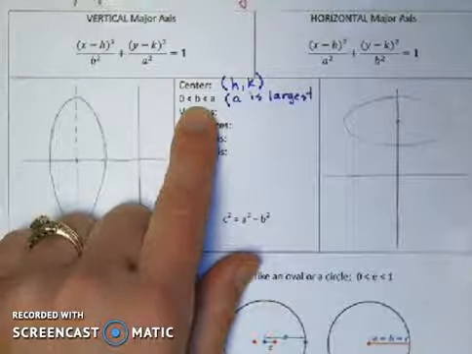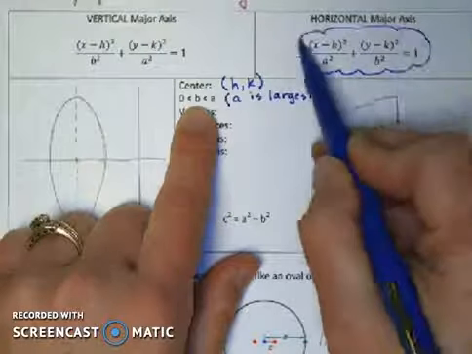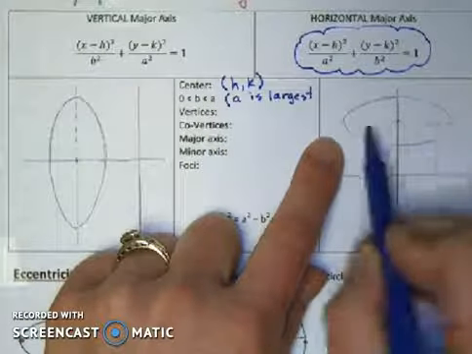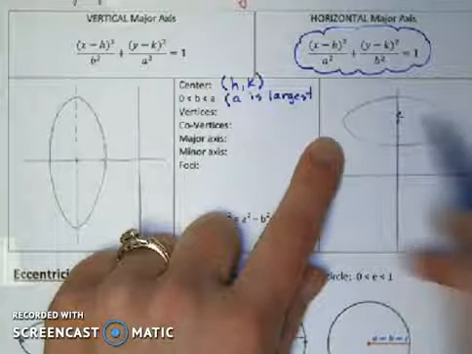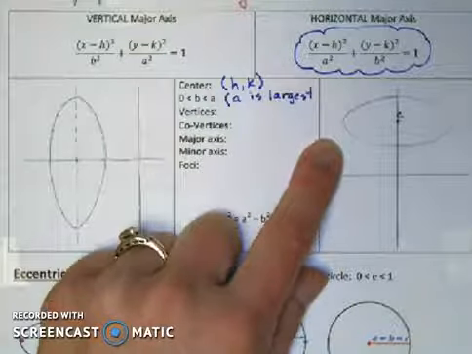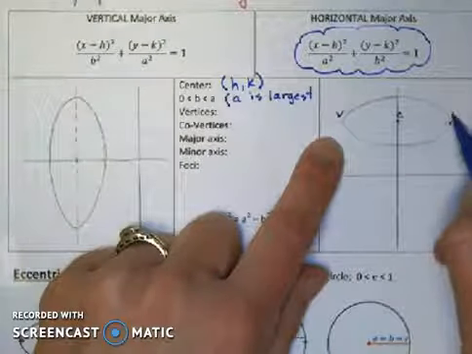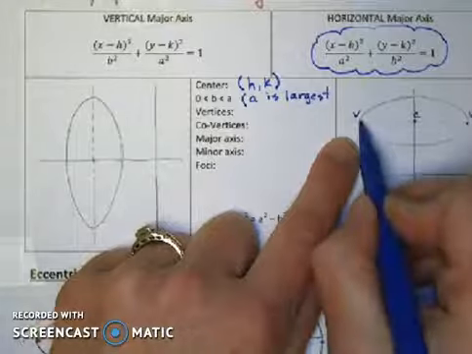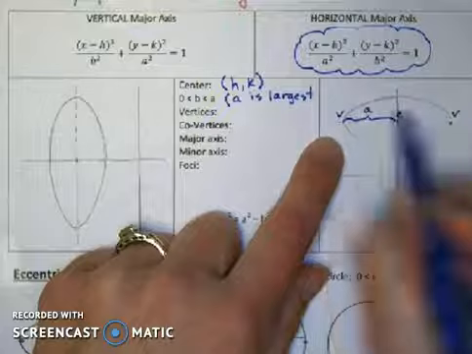So here, if a is underneath the x, then that's telling me I have this distance here. This is my center, and it's telling me that this is a vertex, this is a vertex, and this distance right here is a. Okay?